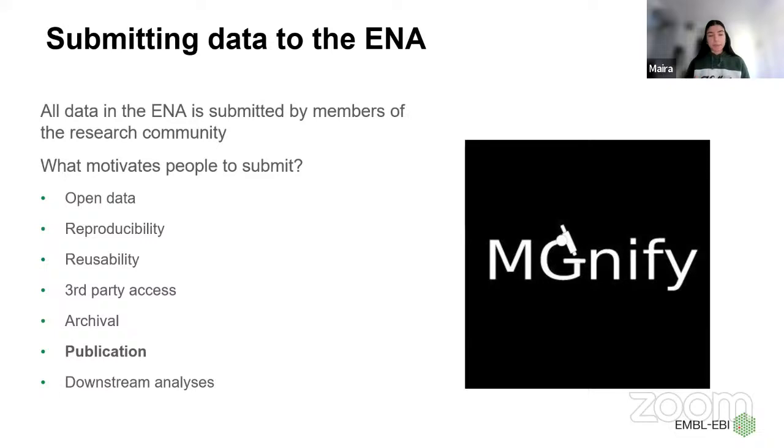Also, any downstream analyses that you want, and MGnify right here is a good example. I don't know if you've heard from MGnify in this course, but MGnify offers this kind of additional assembly and analyses on metagenomic data that has been submitted to the European Nucleotide Archive.